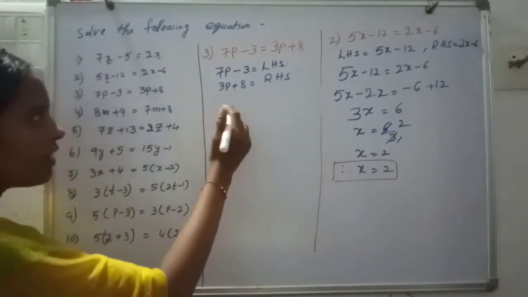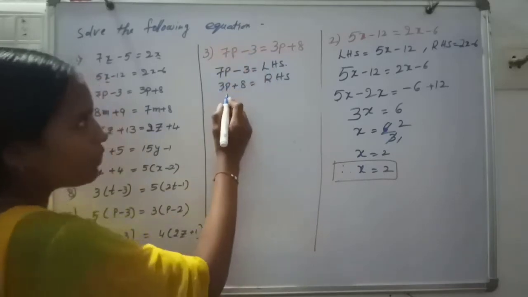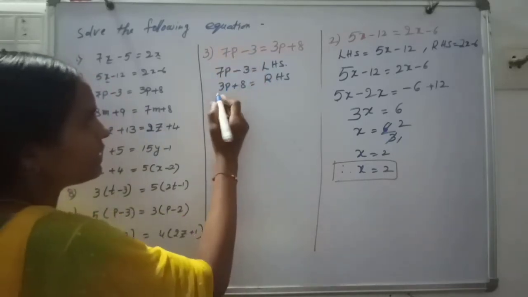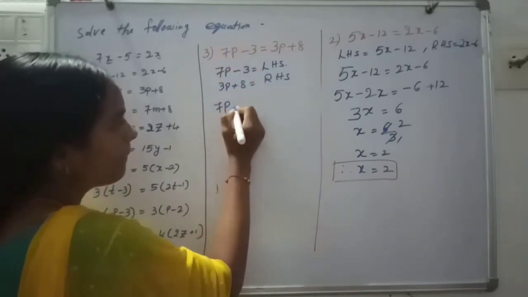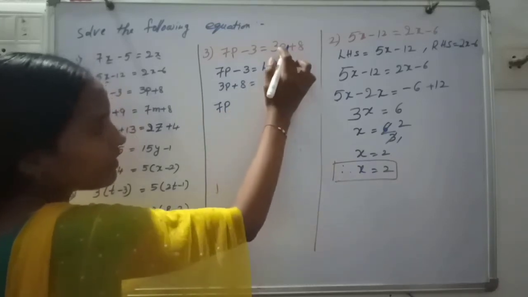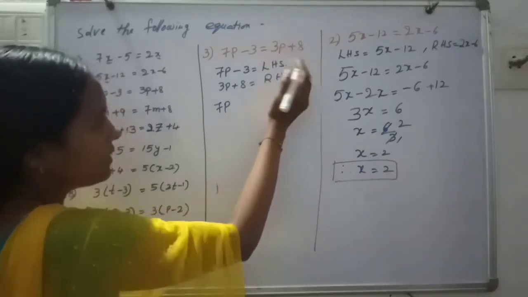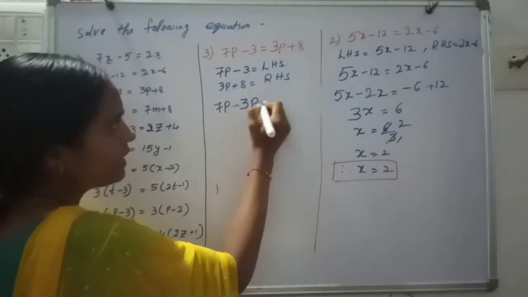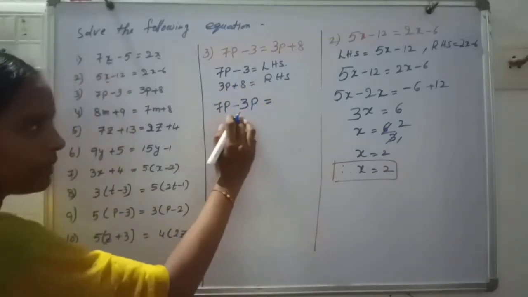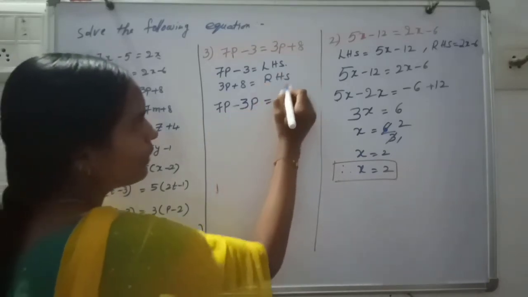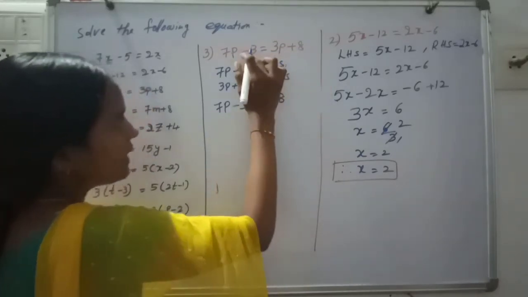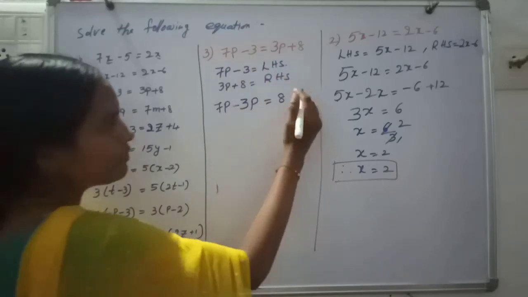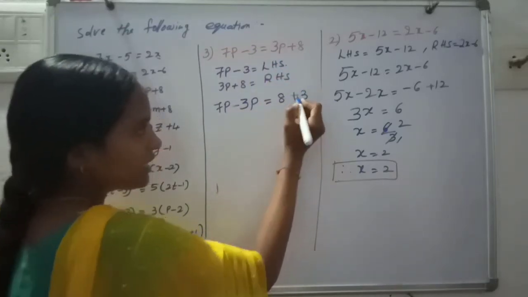Okay, now after that to find this value, I write the p terms on one side. 7p, here having plus 3p, then comes to the LHS as 3p. 7p minus 3p equal to plus 8. Here minus 3 comes with plus 3.